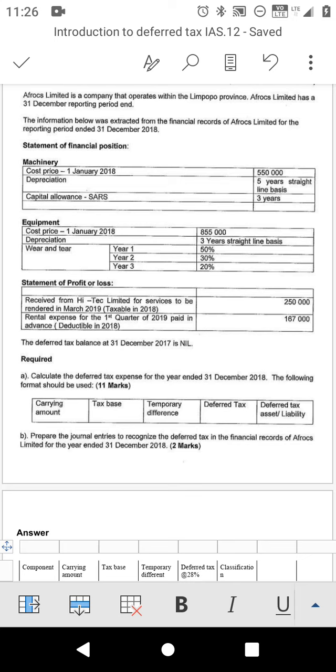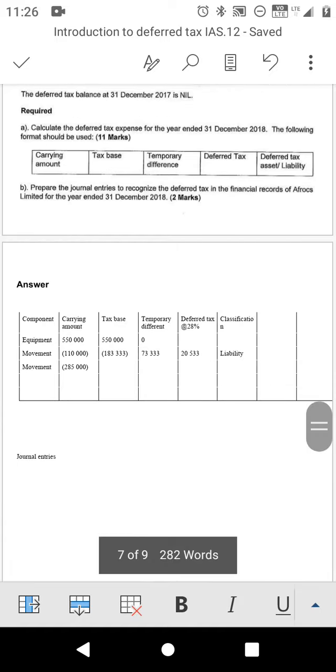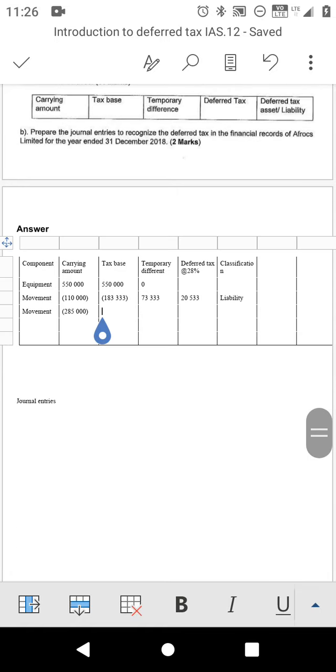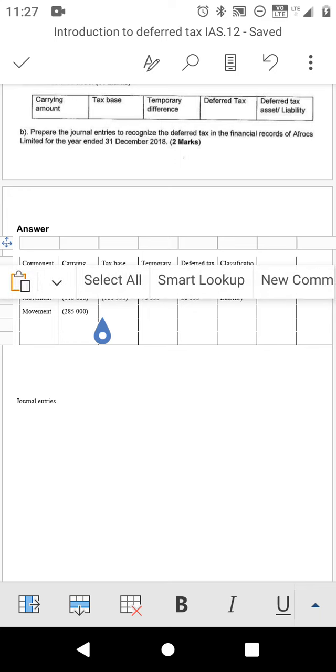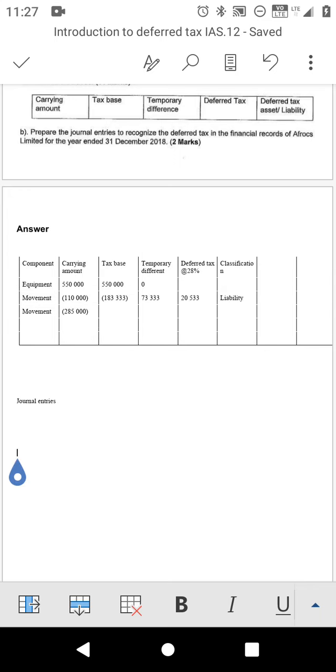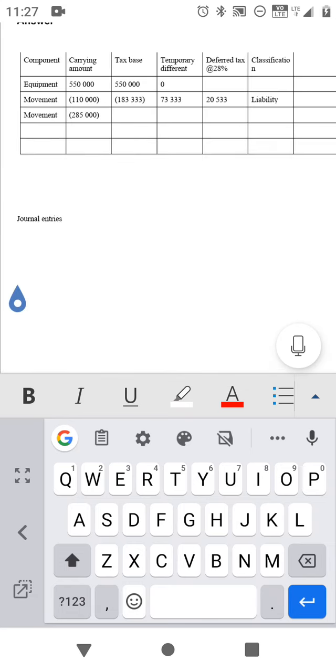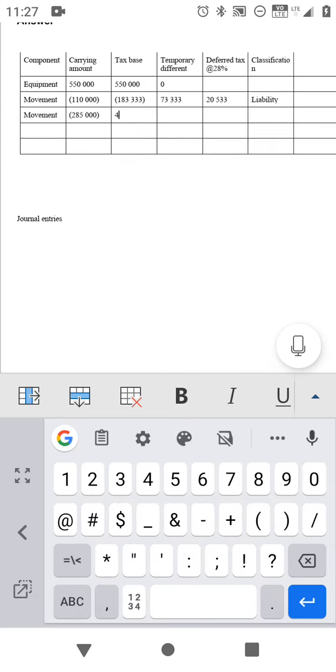So it's going to be 855,000 multiplied by 50%, so it's going to be 427,500. Okay, so in this case it is similar to the previous one.